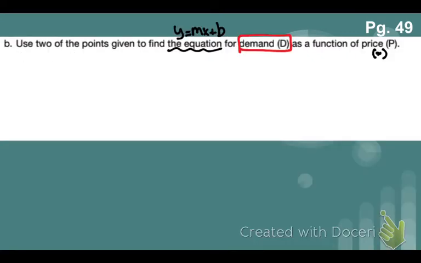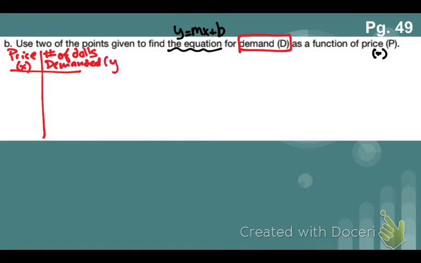So we're going to use 2 of the points from the demand line to write an equation for price. So we've got the same thing. We have price is our x values, and our number of dolls demanded is our y values.